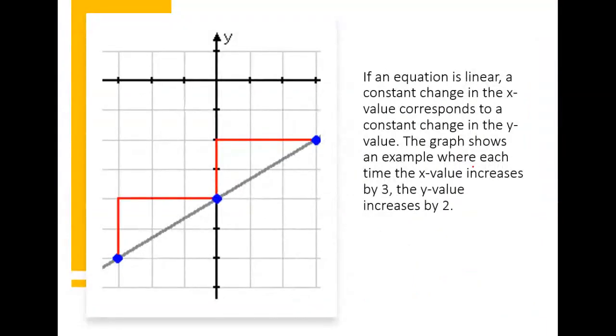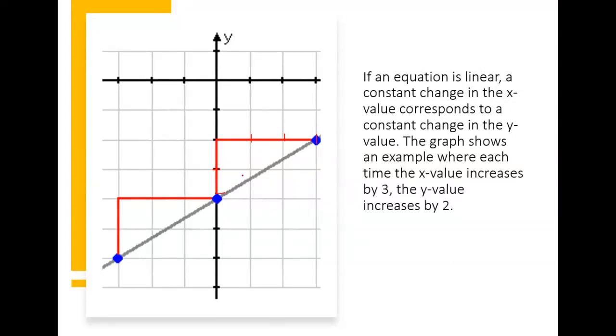So if an equation is linear, which is what we've only been looking at so far, a constant change in the x value corresponds to a constant change in the y value. This means, in this example, each time the x value increases by 3, the y value increases by 2.